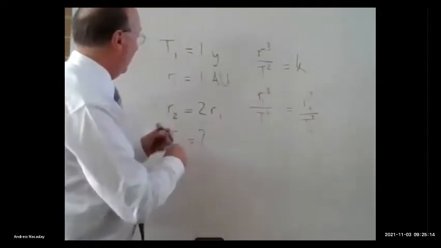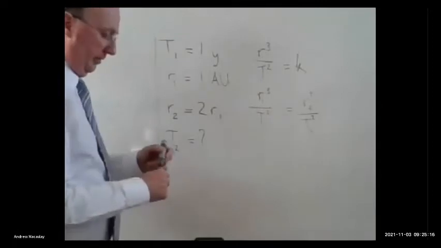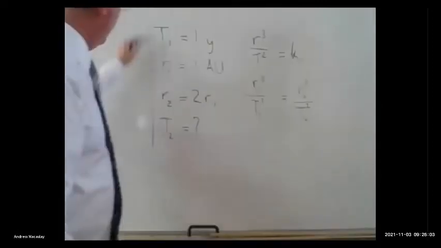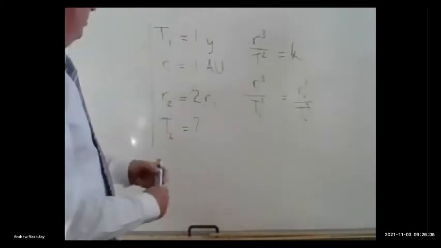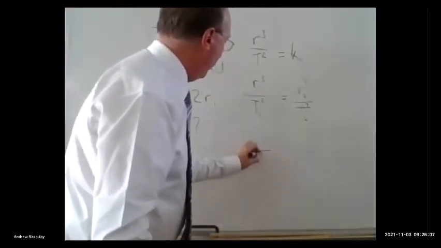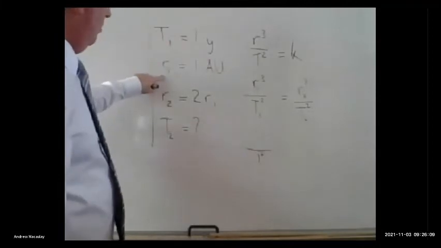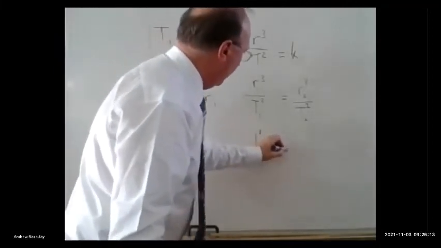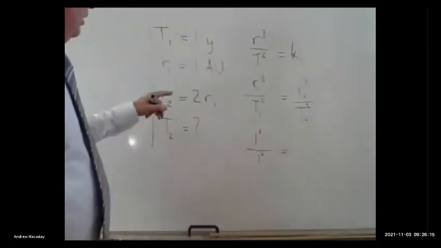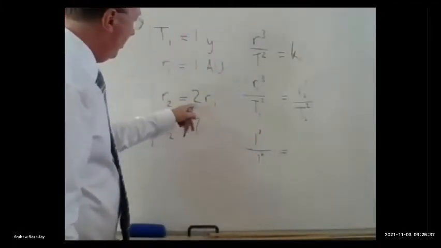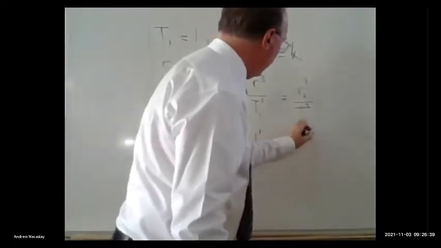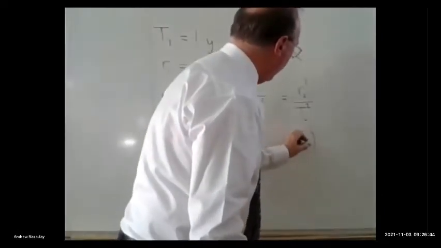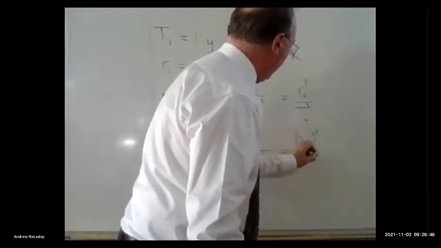So now we substitute in the data that we have. Okay, so the data that we have is here. Substitute these. Okay, so for T1, which is down the bottom, it's just 1, and we're squaring it. For R1, it's 1, and we're cubing it. For R2, it's twice R1. So we'll put brackets to keep things safe, and we'll replace it with 2R1, and we're cubing that.